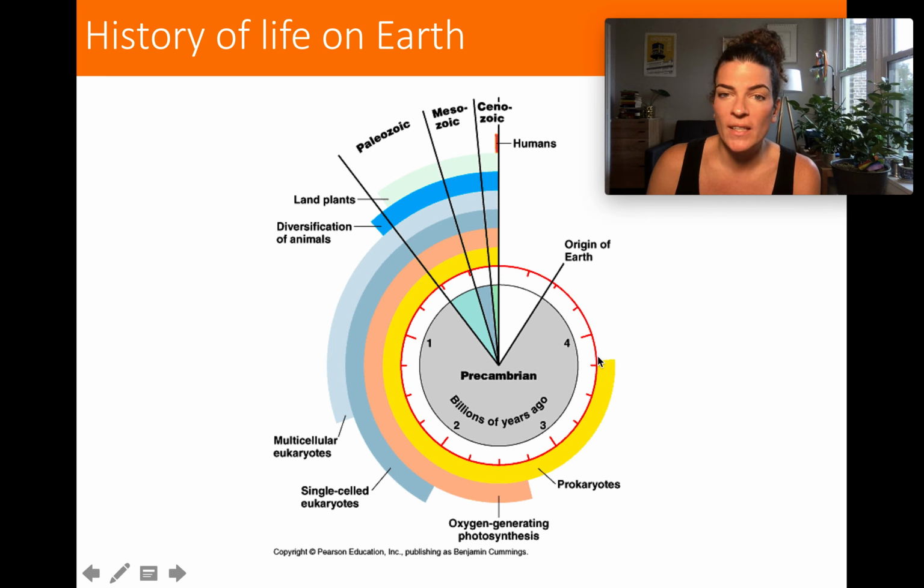So midnight, 6 a.m., noon, and then 6 p.m., and then midnight again, right? If this is the beginning of the solar system, the origin of Earth is about 1 or 2 a.m., and then it takes all the way until about 6 a.m., right, for there to be the first life forms on Earth.